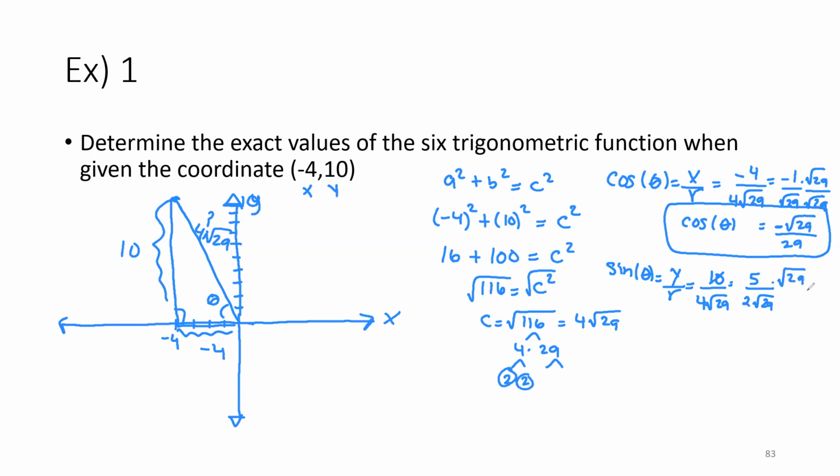So that's 5 square root of 29 over 2 times 29, which is 58. And so that is going to be sine theta.